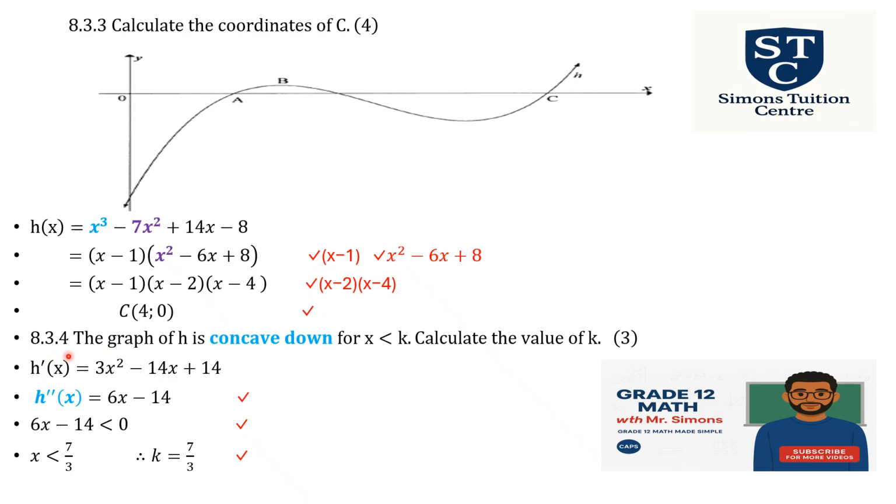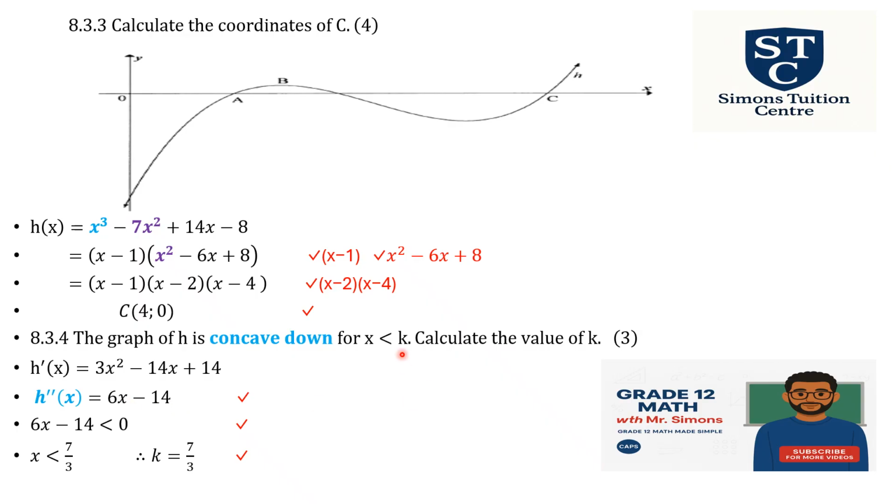Now for 8.3.4, there you can see the markers' locations. The graph of h is concave down for x less than k. Calculate the value of k. Concavity requires the second derivative. So the second derivative: 2 times 3 gives me 6, 2 minus 1 gives me 1, and 1 times negative 14 gives me negative 14. So 6x minus 14 equals 0 for my point of inflection.